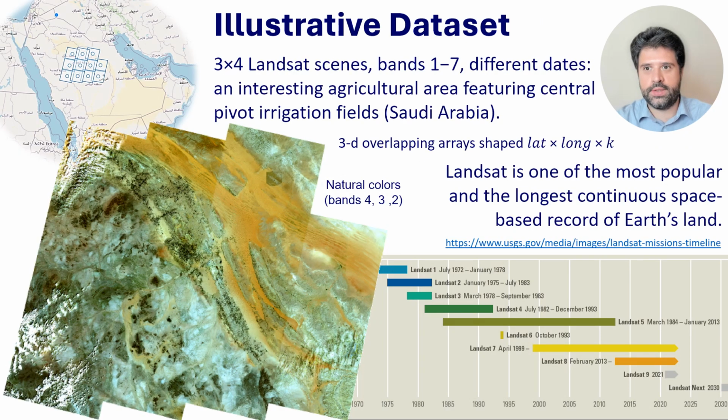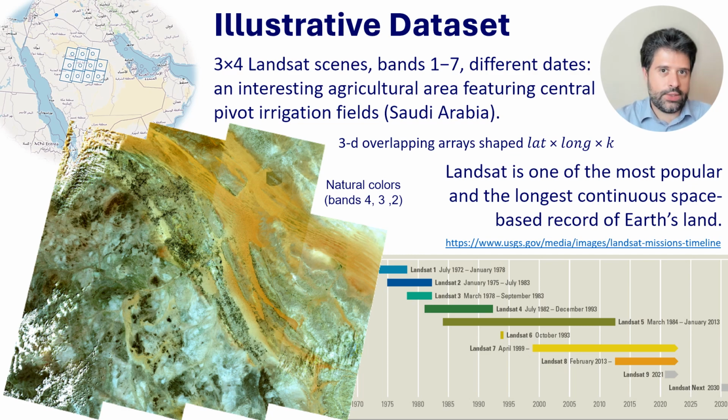Earth remote sensing data constitute one of the most significant ArrayDBMS workloads. Hence, consider a practical example related to real-world geospatial arrays, Landsat satellite scenes. Landsat is one of the most popular and the longest continuous space-based record of Earth's land.